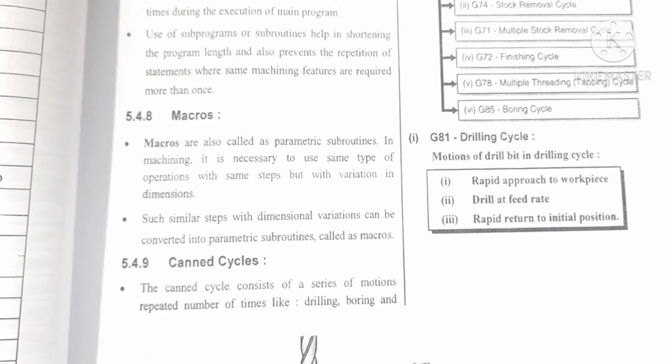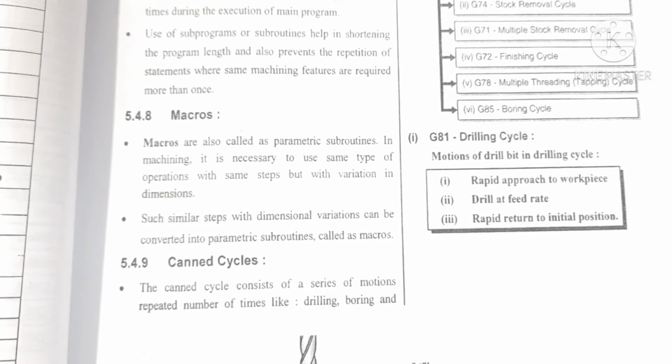In machining, it is necessary to use the same type of operations with the same steps but with variation in dimension. Such similar steps with dimensional variations can be converted into parametric subroutines called macros.